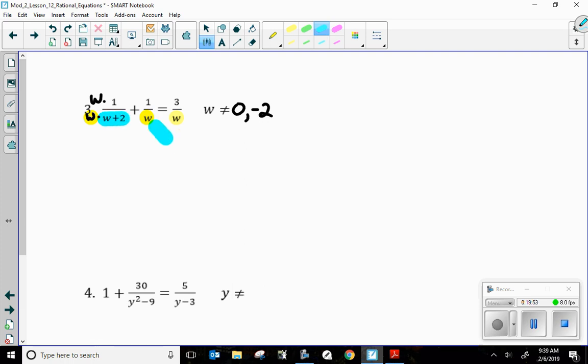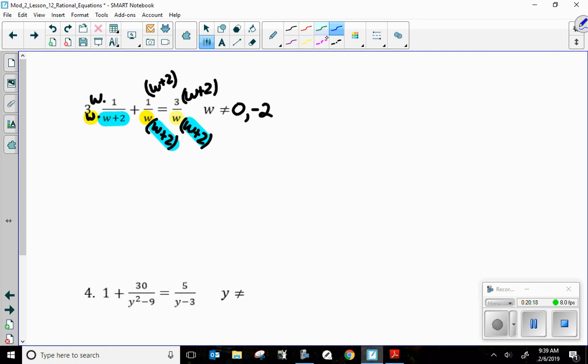Wouldn't it be nice if I had W plus 2s here and here? It would. So guess what I'm going to do? W plus 2, I'm going to multiply it. W plus 2. What I do to the bottom, I must do to the top. Okay?